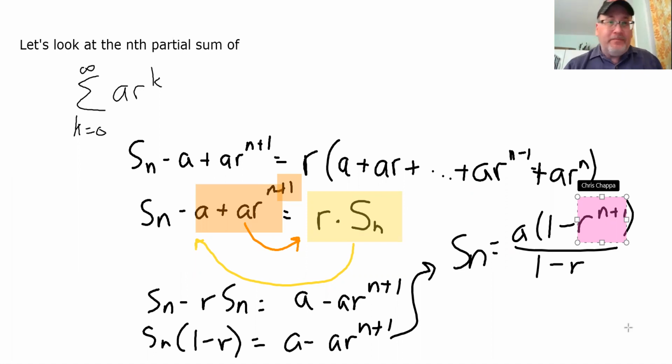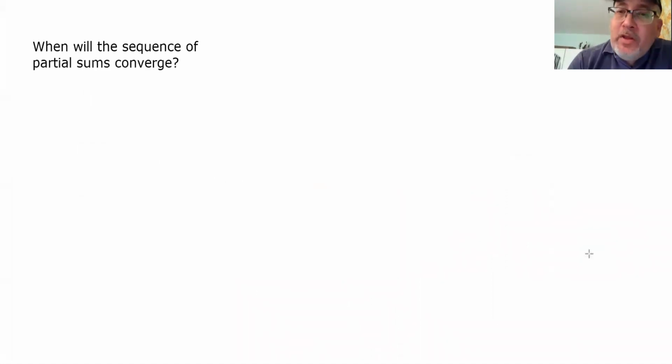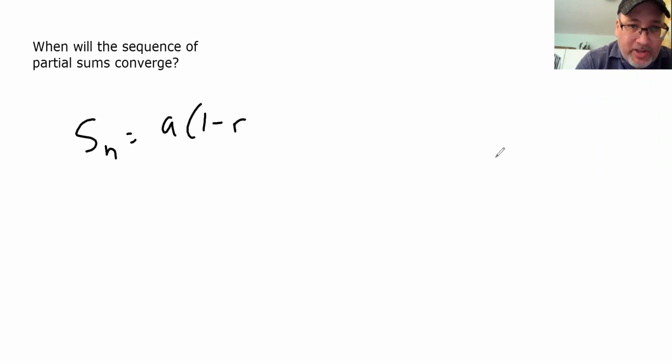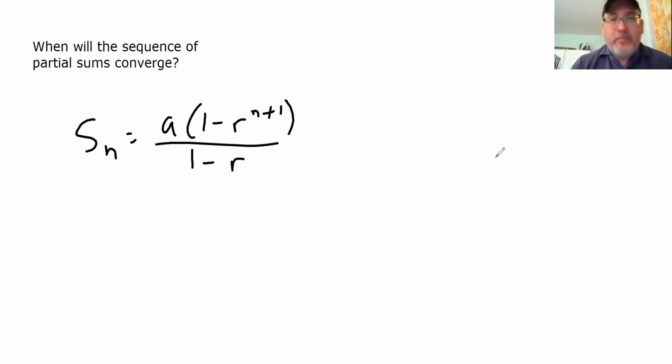Let's take a look at it. The nth partial sum was a times 1 minus r to the n plus 1 over 1 minus r. And the question we need to answer is, what is the limit as n approaches infinity of Sn?